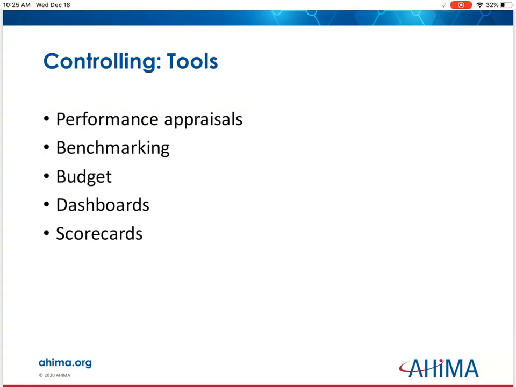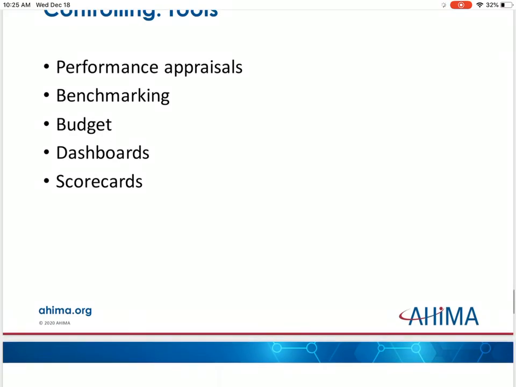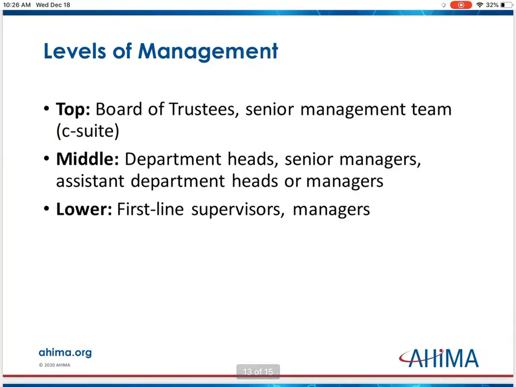All right, so let's talk about the levels of management really quickly. We're not going to get too much into this. I'll let you read that on your own. But the 4 management functions that we've just talked about, planning, organizing, leading, and controlling, are done at all levels of management, whether you're in the C-suite or whether you are a first-time supervisor with 2 employees.